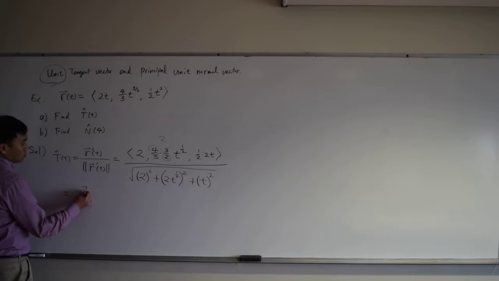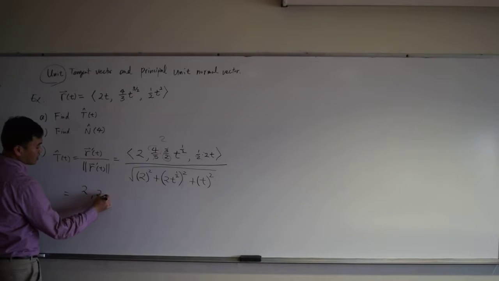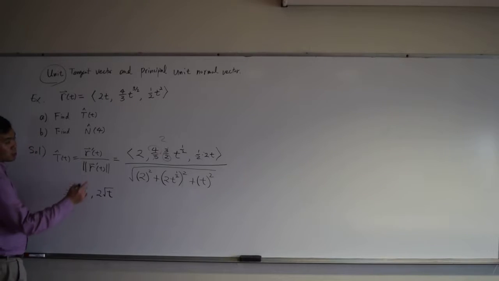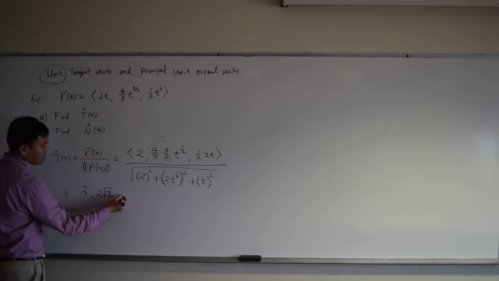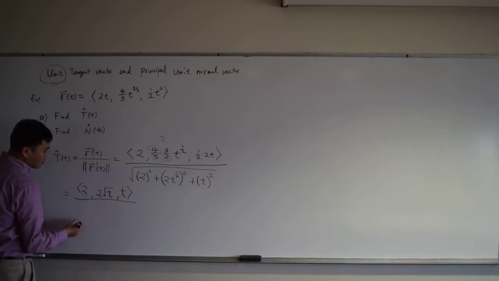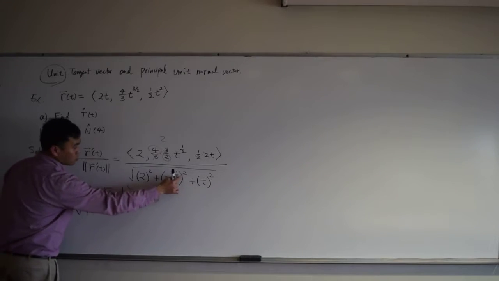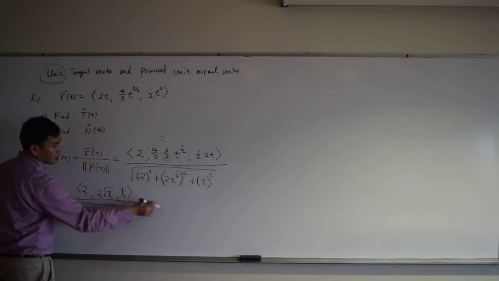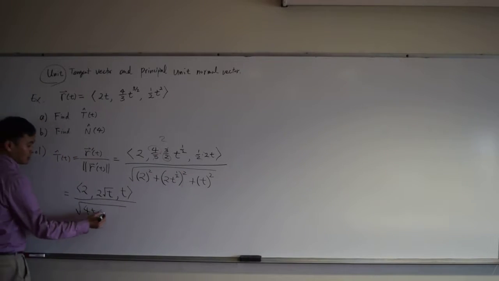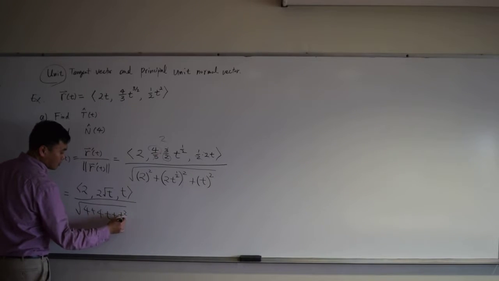So you have 2 times square root of t, comma, t on the top. On the bottom, you have square root of 4 plus 4t, since the square of t to the 1/2 power is just t, and then t squared is t squared.